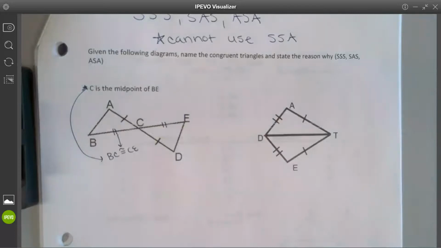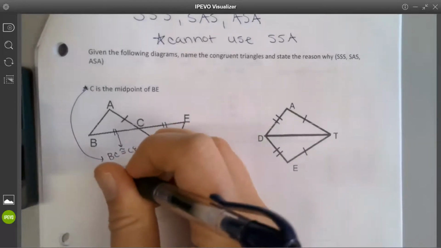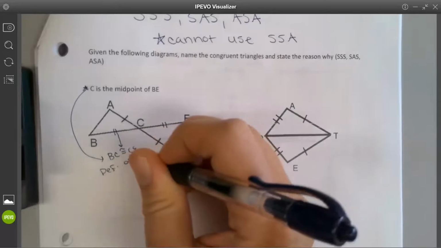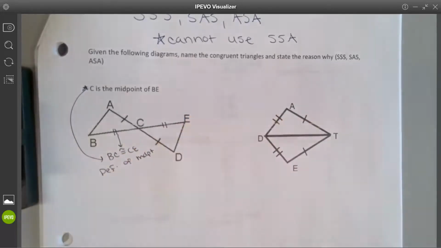Okay, so it gives us a piece we know about midpoint. So if C is the midpoint of BE, then we can say BC is congruent to CE, which in a proof, we would then write our reason is definition of midpoint. Okay, so if this was a proof, and that's what I was given.